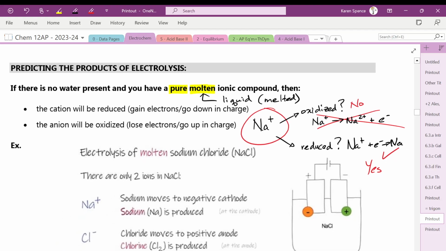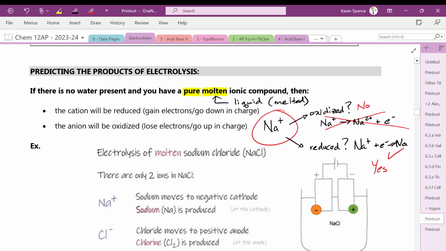Now, what if we had our chloride ion, Cl minus? Can chloride be oxidized? Yes, because if it was oxidized, we would get Cl. What would it become?